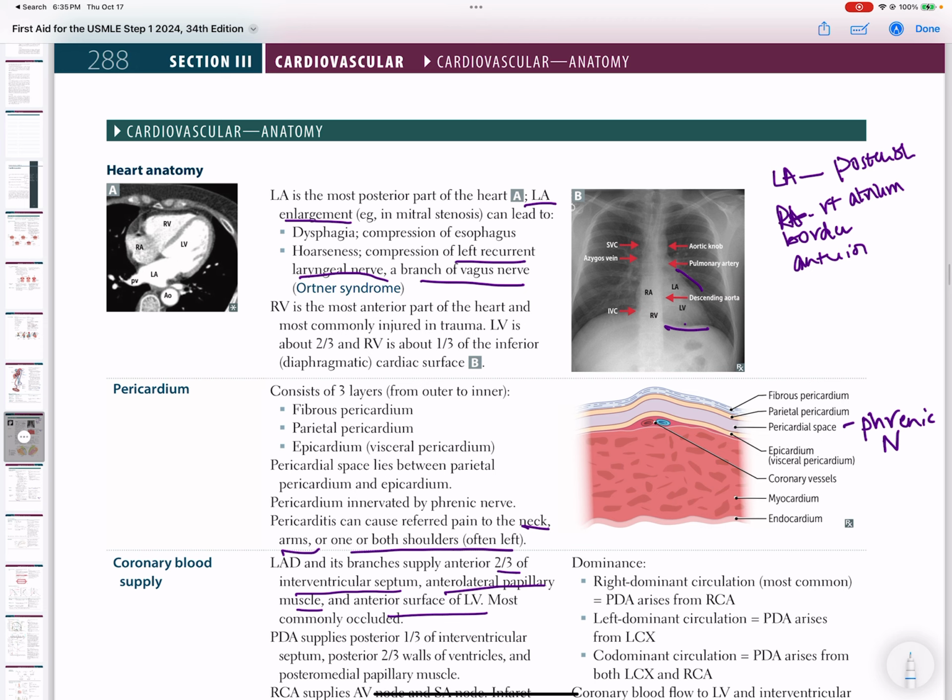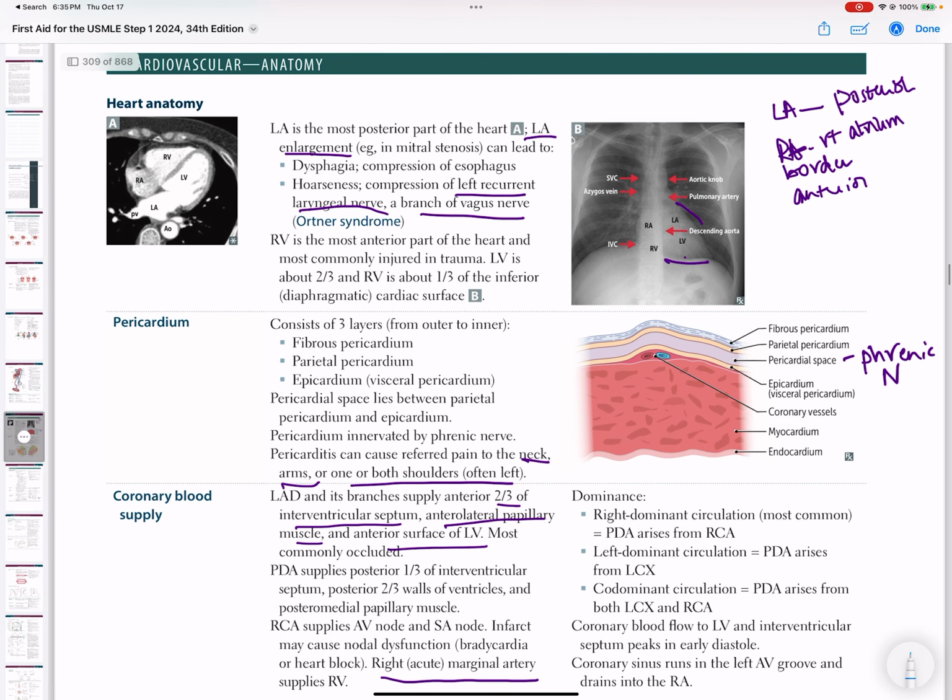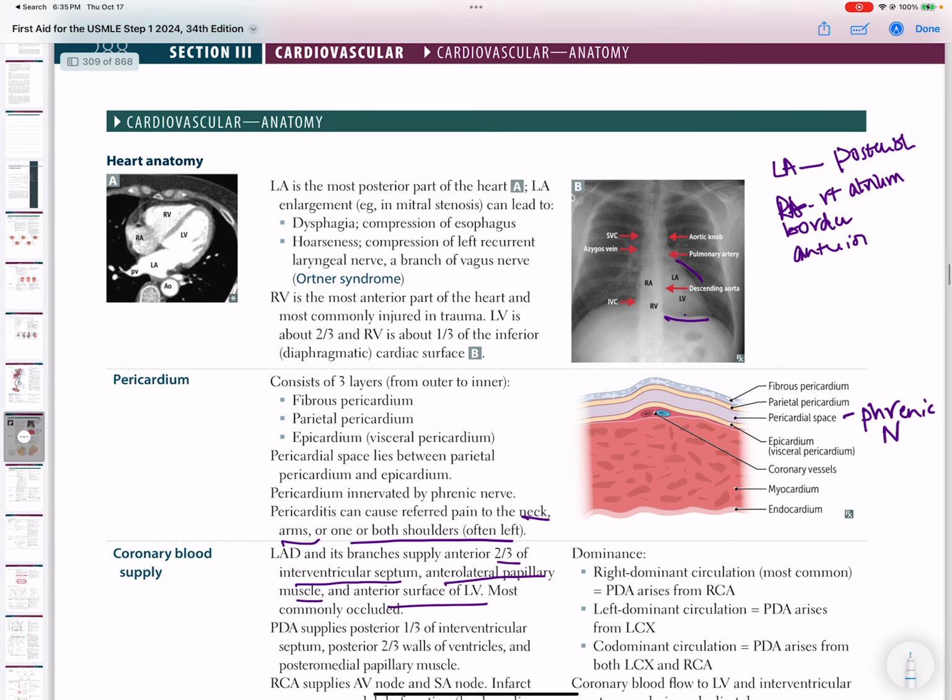Okay, now coming to the anatomy. The left atrium is the most posterior part of the heart. So if you see, the most posterior part is the left atrium. Sorry, not the left ventricle here, it's the posterior part.